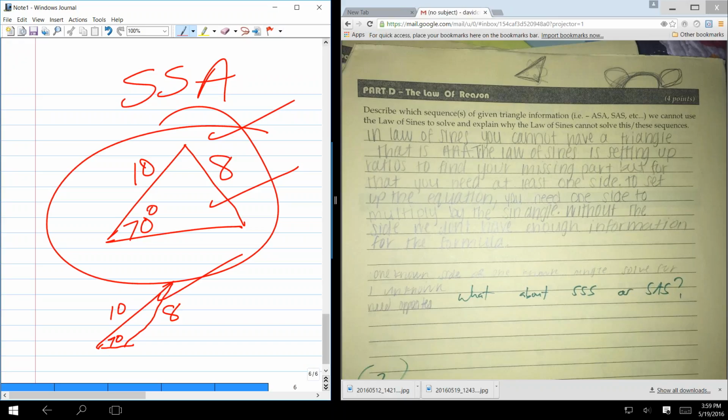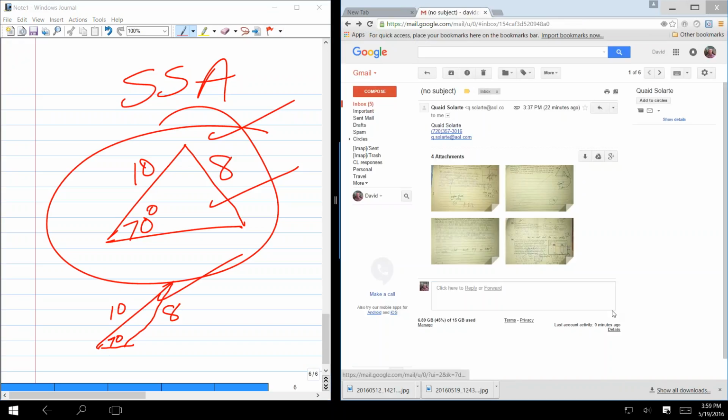I don't like this review material. I'm never going to like it. I hate review material where they want you to explain stuff in English. That's not mathematics. Mathematics is solving problems, graphical problems, or coming up with numbers, not coming up with paragraphs describing why you can't use the law of sines on this.